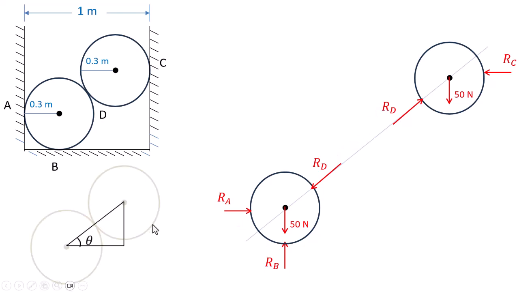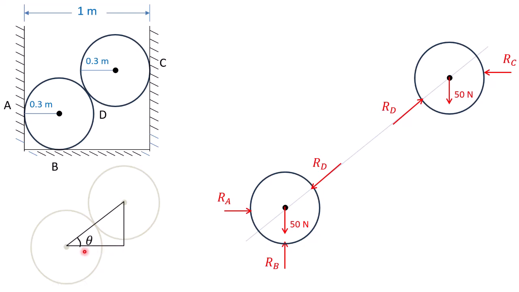Next, identify the inclined forces and use trigonometry to find the angle with the horizontal. To determine the angle of the mutual contact reaction with respect to the horizontal, which acts along the line joining the centers of the two cylinders, form a right angle triangle with this line as the hypotenuse.